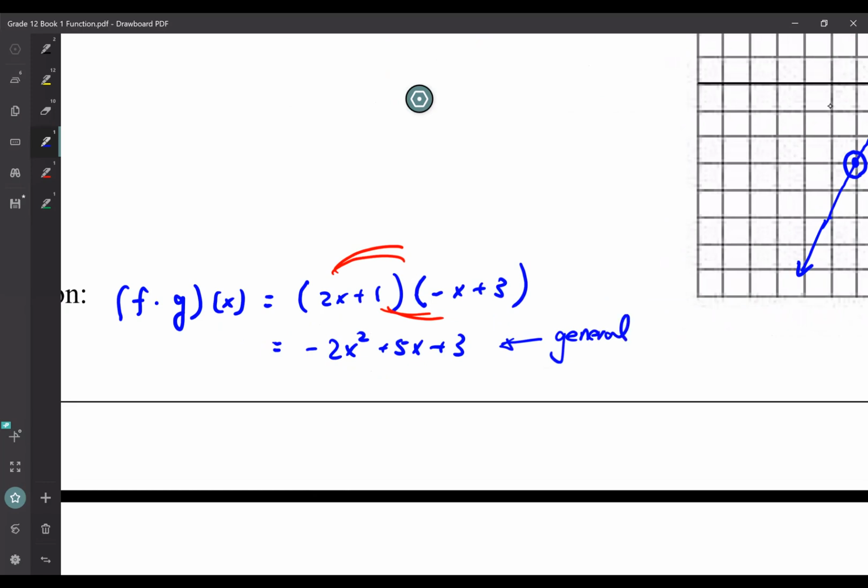Do you remember we have another form in parabola? Anybody remember what's the other form? Eric? Standard form. Standard form, yeah, the one that has the APQ. Or sometimes we just call it the vertex form. So do you remember how to turn it into vertex form?